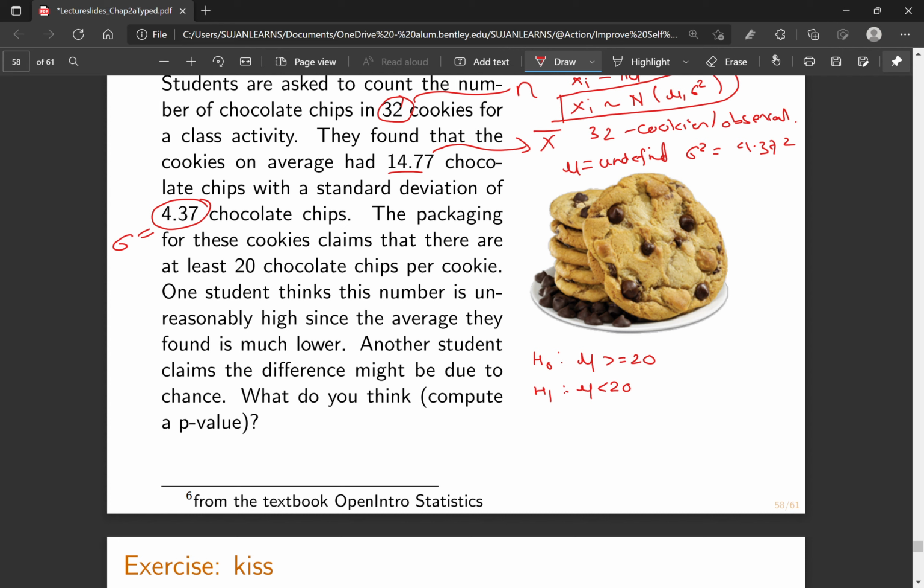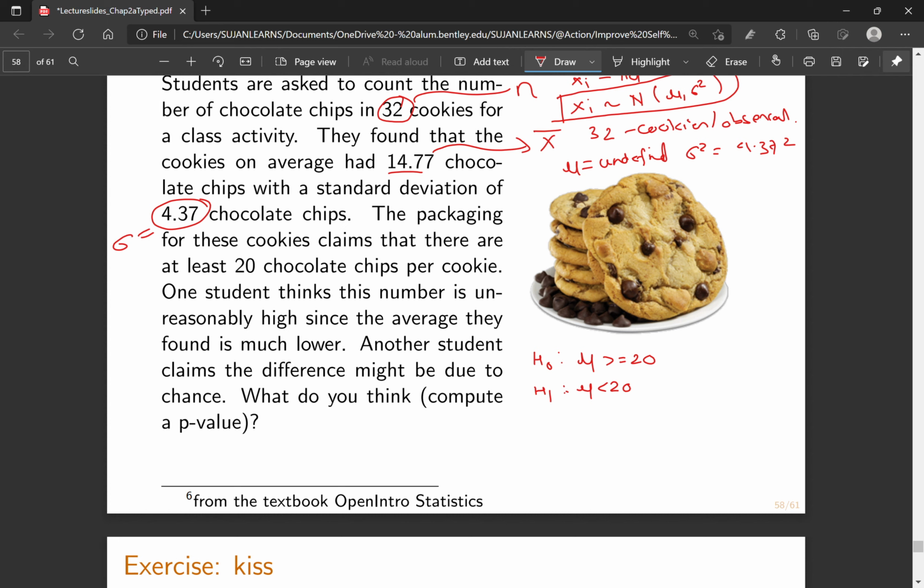Now, I have a few questions for you. Is this a one-sided or two-sided test? It is a one-sided test, isn't it? My second question is, is it a one sample or two sample test?